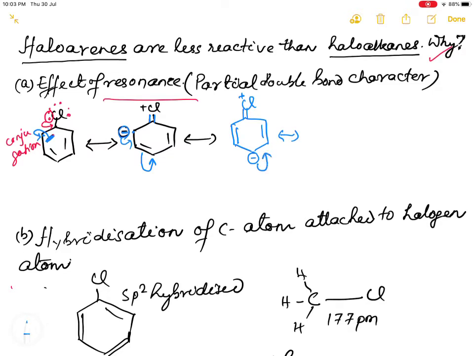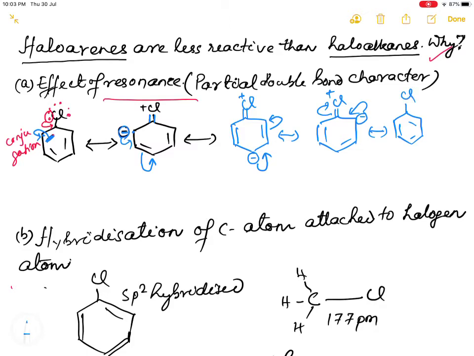This negative charge will form a double bond over here, and this pi bond will be shifted, so you will get another resonating structure. Double bond, minus, double bond, Cl plus. Then this minus will form a bond, and this double bond will be shifted, so you will get the next resonating structure.